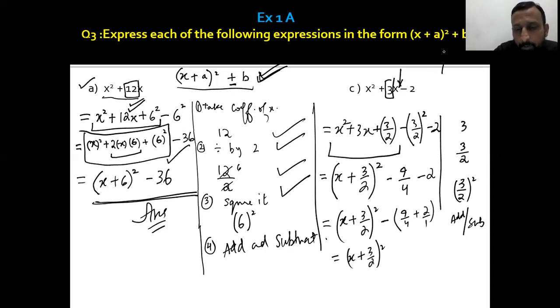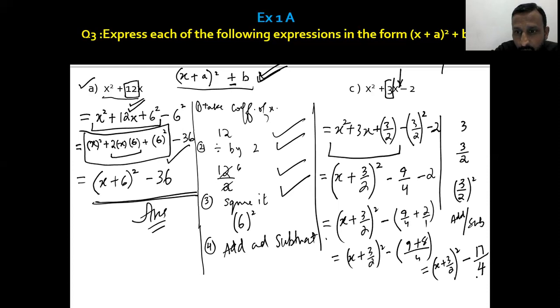x plus 3 upon 2 the whole square, minus the LCM will be 4: 9 plus 4 times 2 is 8, so 9 plus 8 is 17 upon 4.